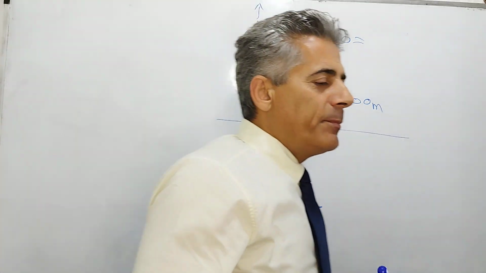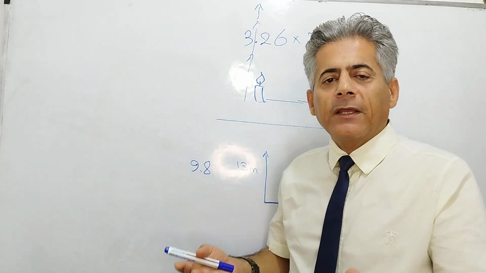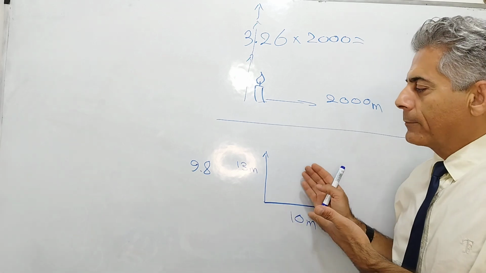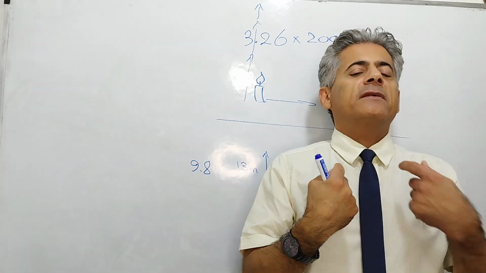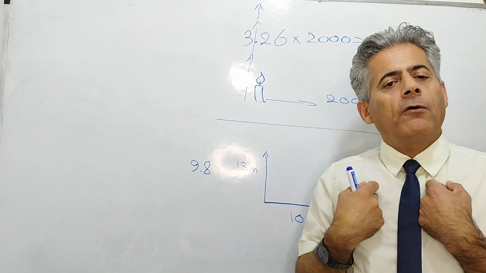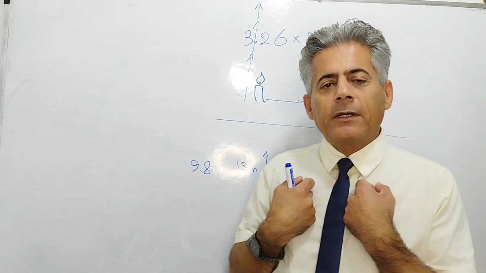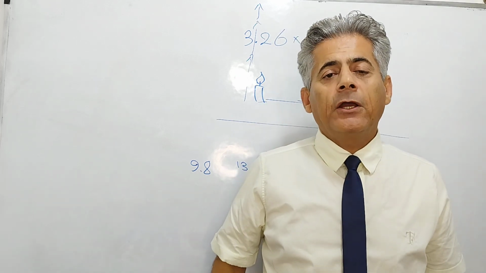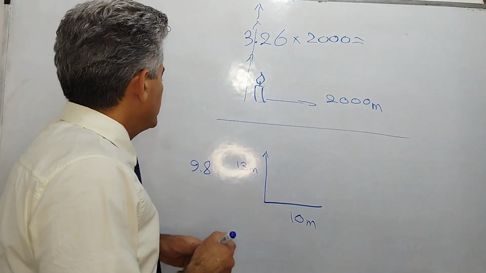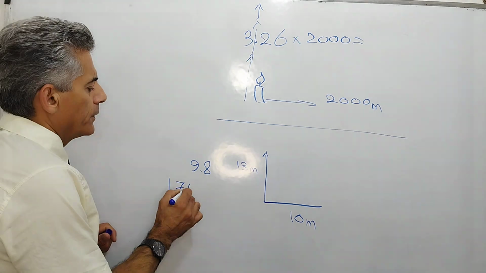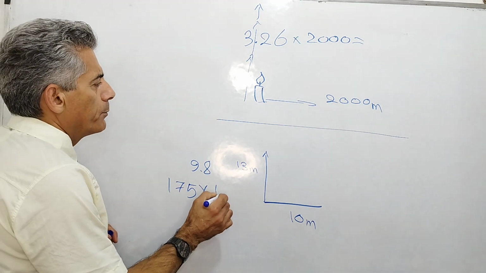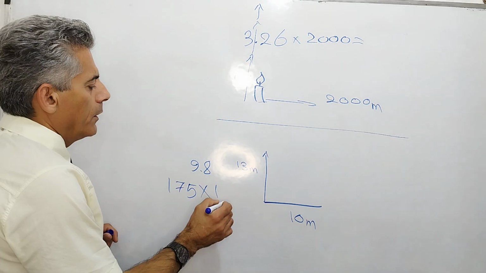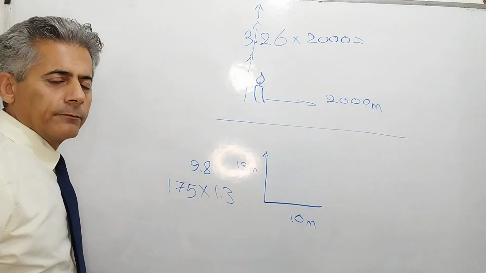And then the biggest problem for human is this. I am 175 centimeters when horizontal, but when I'm standing, I look 175 multiplied by 1.3.